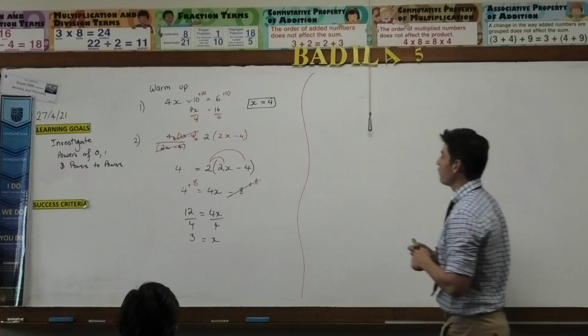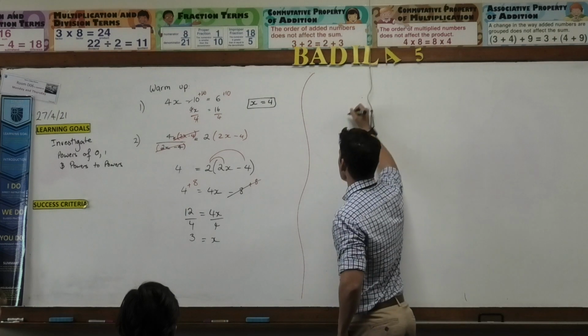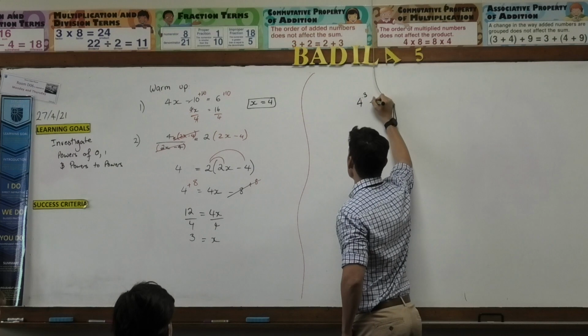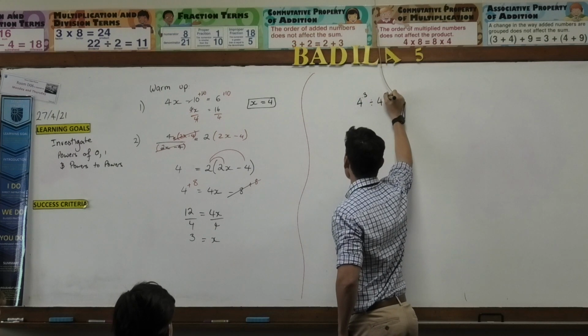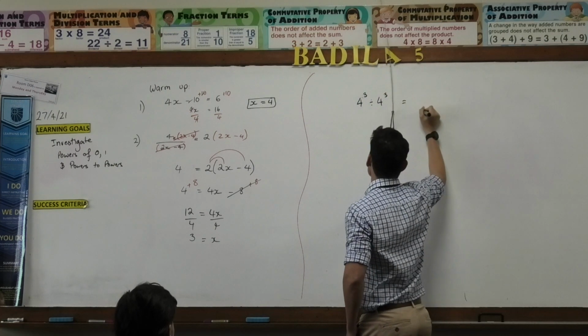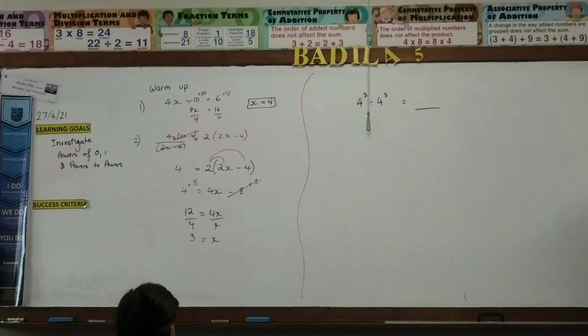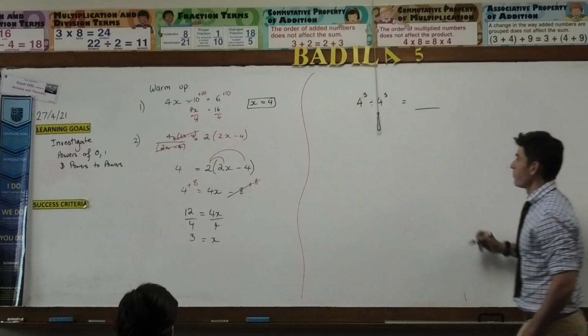So if I gave you this sum here, 4 to the power of 3 divided by 4 to the power of 3, can you write that as a fraction for me, please? As an expanded fraction. So I should see something.